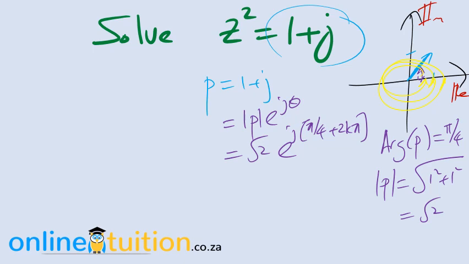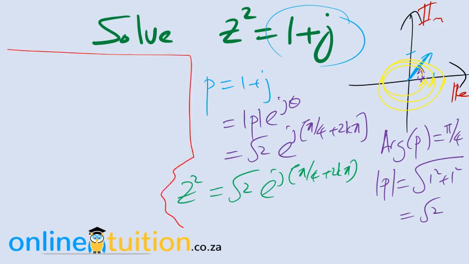So what we're solving for finally is z squared equals root 2 e to the j (pi by 4 plus 2k pi). And if I want to write down the 2 roots, the first root is when k is equal to 0. That is z1. I'd forgotten to take the square root. So we take the square root, that is 2 to the power half.